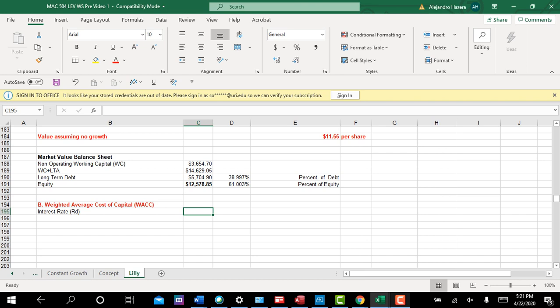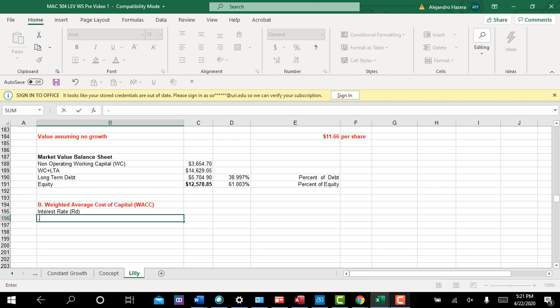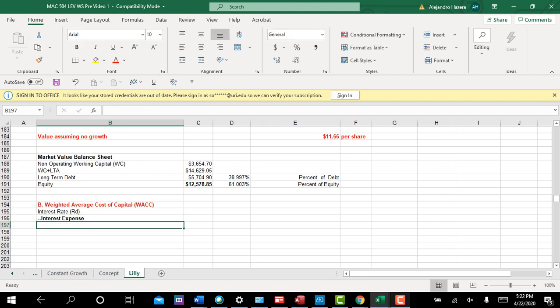Okay, and the way I'm going to compute the rate of interest is I'm just going to take the interest expense on the income statement and divide it by my long-term debt, so we can come up with some reasonable estimate of what their effective interest rate was.